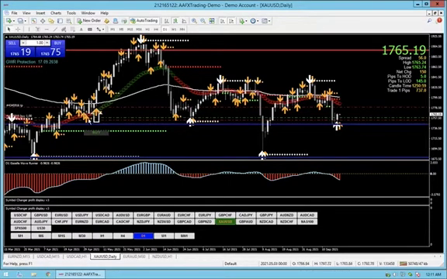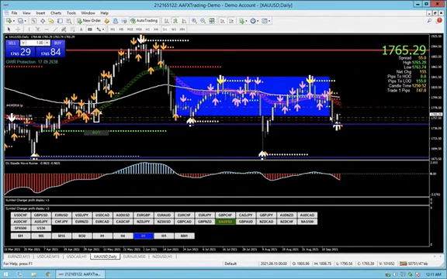Well, you may say, well, Tony, look, it's looking like it's kind of sideways. Well, it is. It's been in consolidation for a long time, if y'all see this rectangle here. Normally we don't mess with consolidation, but on the daily, I'll mess with daily consolidation because this is hundreds and hundreds of pips.